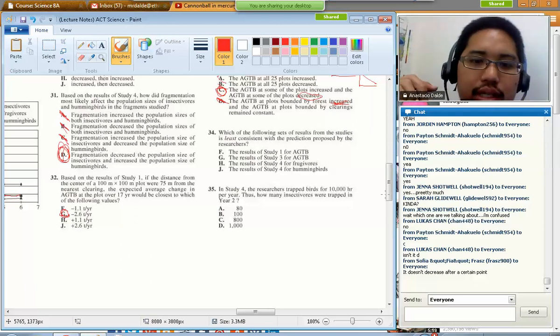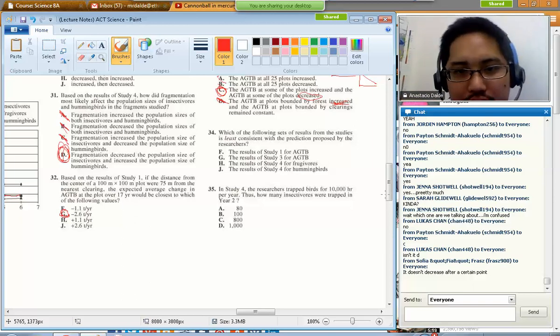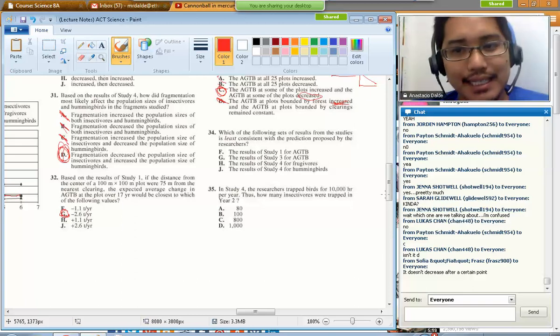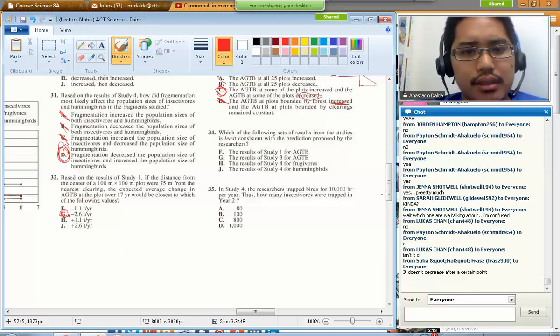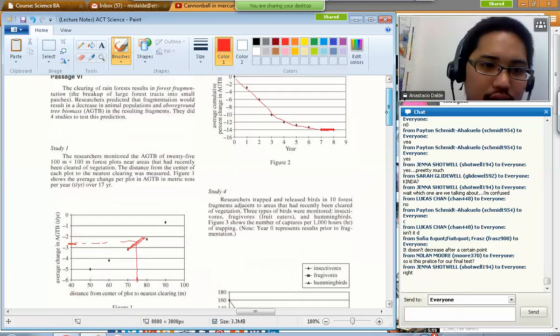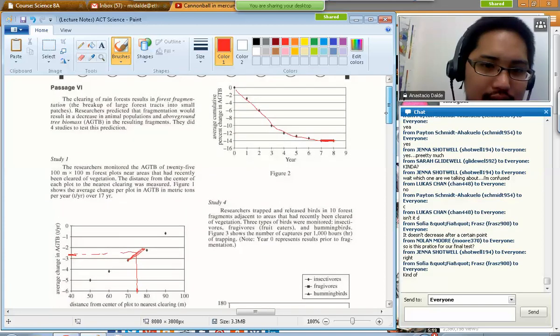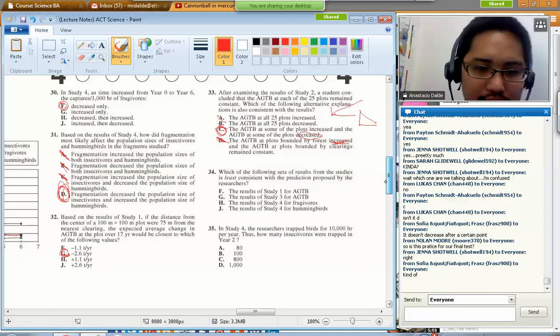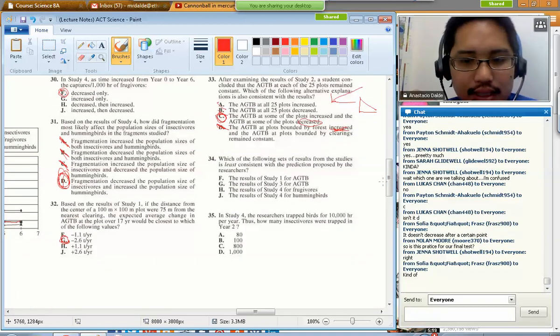Which of the following results, or set of results from the studies, is the least consistent with the prediction proposed by the researchers? And the prediction proposed by the researchers is basically, as you kill the forest, the animals will die. The birds will die. So, which one goes against that? What study goes against that?